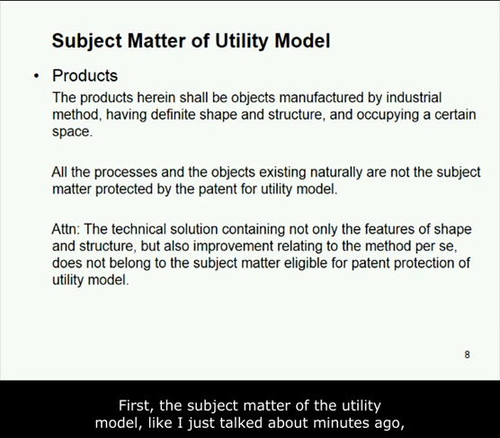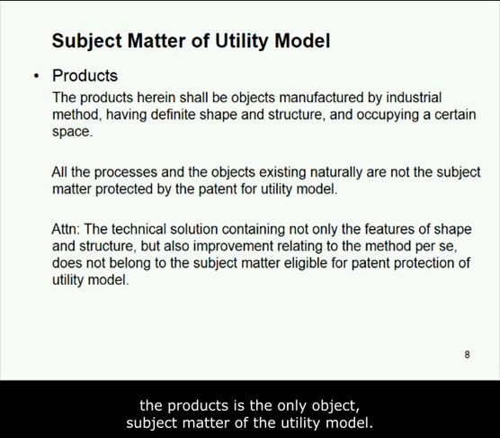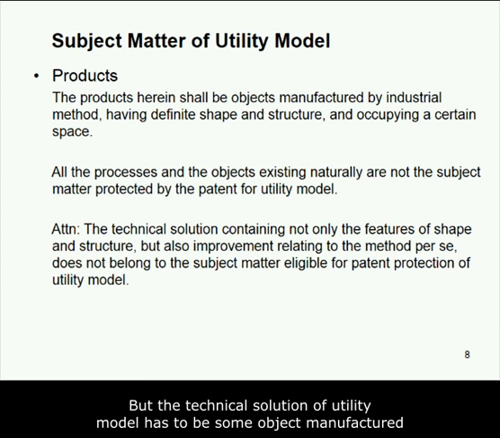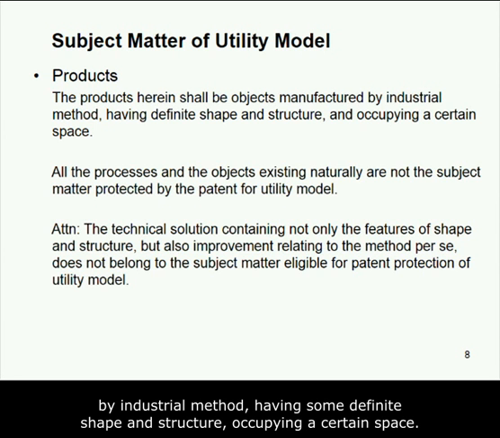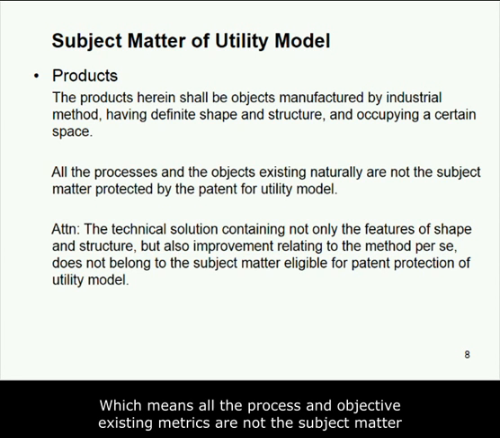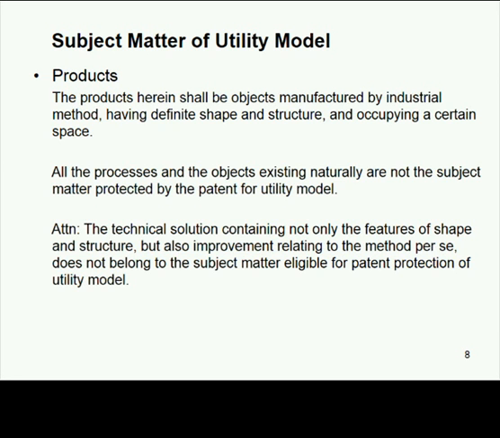Like I just talked about minutes ago, the product is the only subject matter of utility model, but the technical solution of utility model has to be some object manufactured by industrial method, having some definite shape and structure, occupying a certain space, which means all processes and objects existing naturally are not the subject matter of utility model.